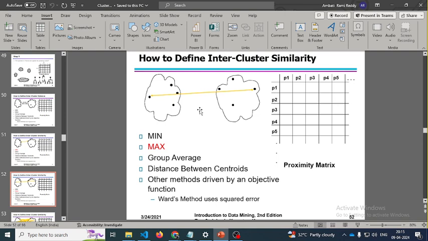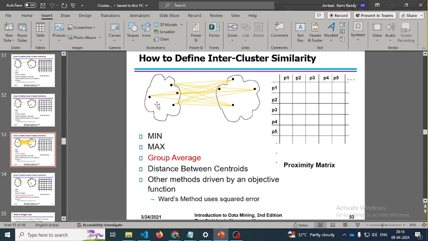Similarity means you are depending on one approach or one criteria to form a group. That criteria may be based on minimum distance, based on maximum distance, or it may be average. Group average means you take that group and take the average. Or you can give some other similarity criteria, that is distance between centroids.